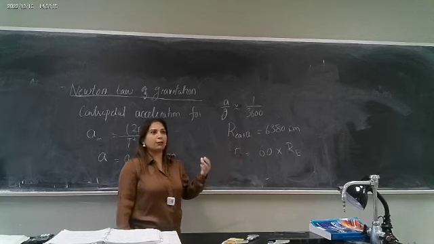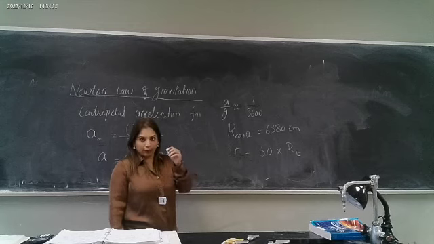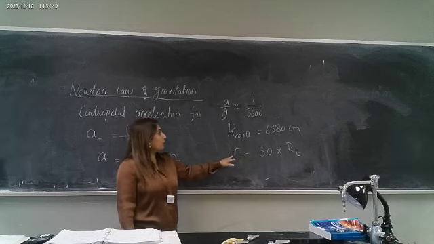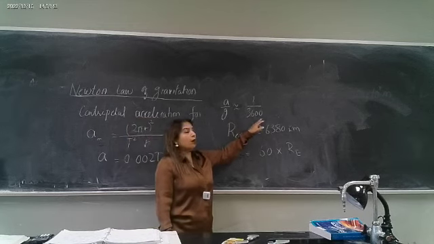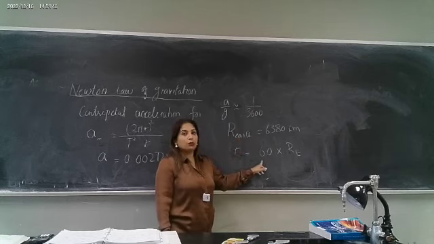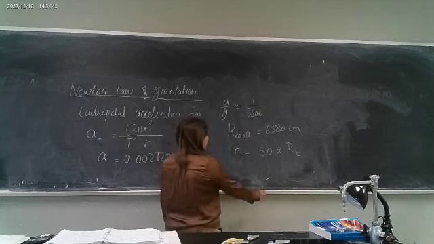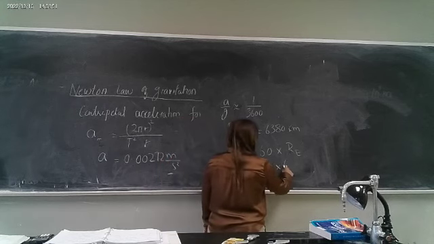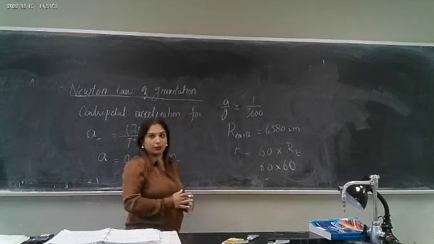You could think of it as g is reduced to that value, and it is reduced to about 1 over 3600 of its actual value at the surface of Earth. That means it has reduced about 60 times 60, twice the distance.